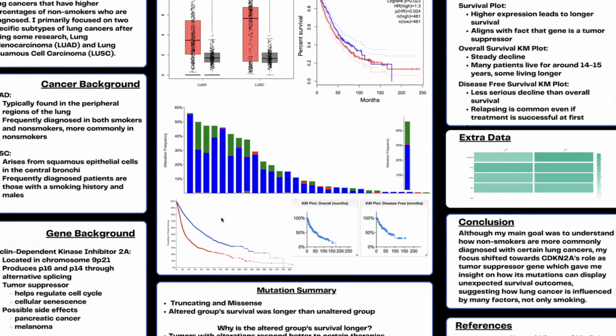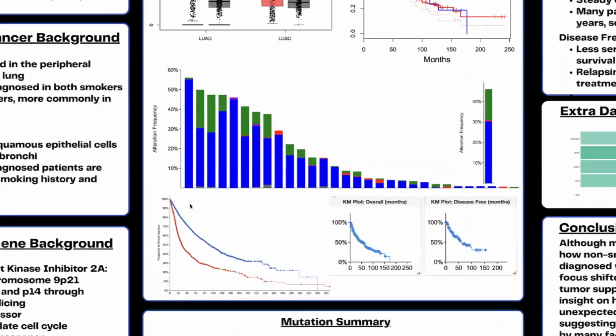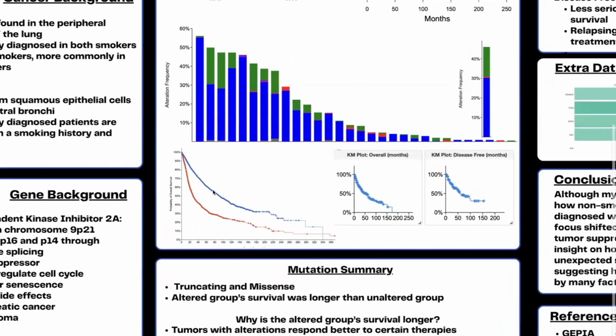The most common mutations that occurred were truncating and missense mutations. A missense mutation is basically a genetic mutation where there's a single change in the nucleotide base. And a truncating mutation is a type of mutation that causes the production of a shortened protein.